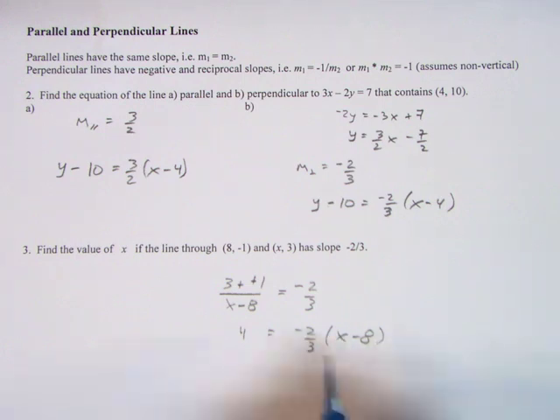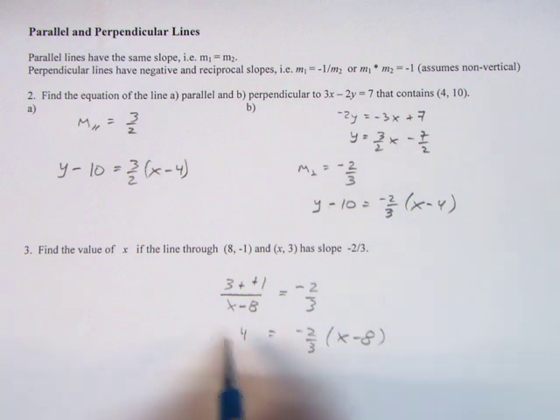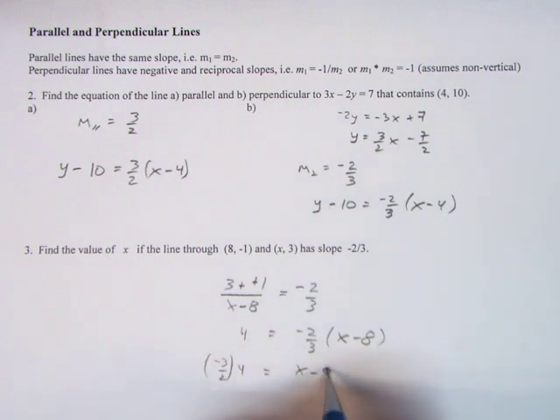So if I multiply by negative 3/2, this will be, just to show it, negative 3/2 times 4 equals x minus 8. So then we'll reduce this. 2 goes into 4 2 times. So that'll give us negative 6 equals x minus 8. Add the 8 to the other side, and we get 2. And that is lesson 1.